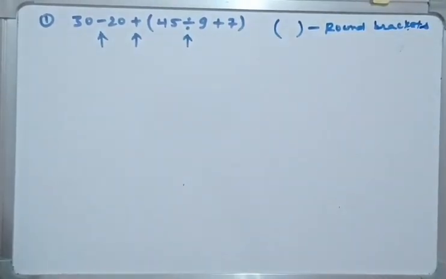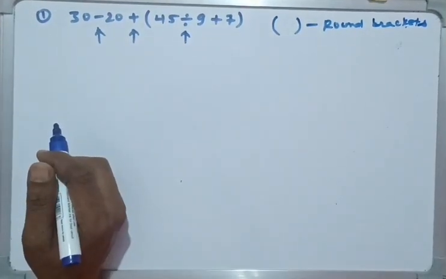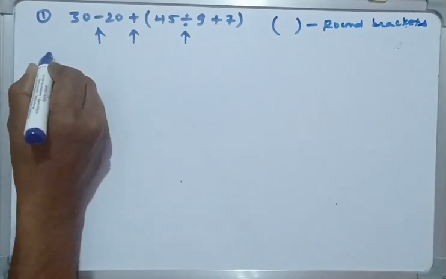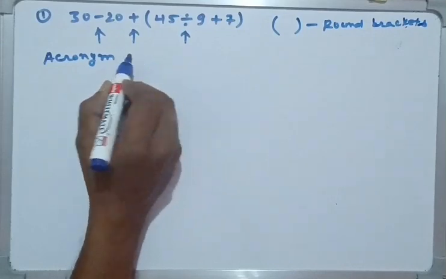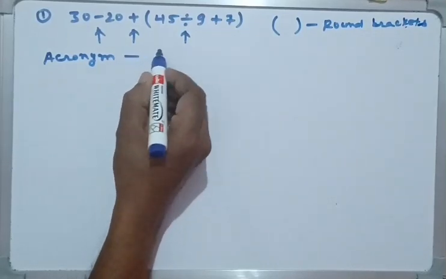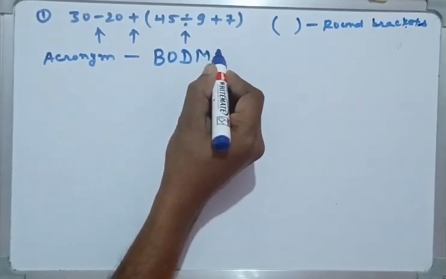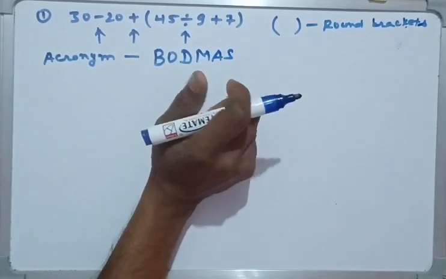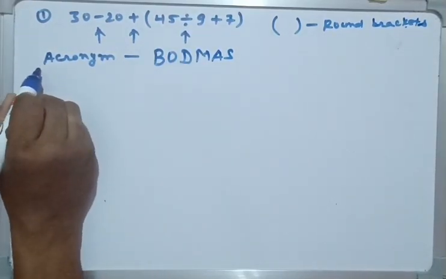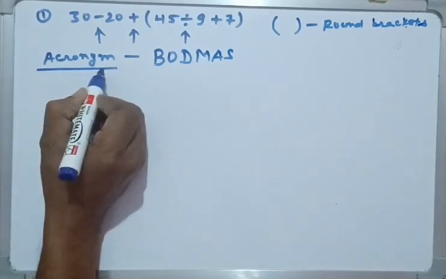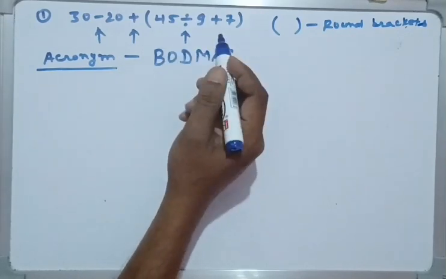Okay guys, now to overcome such a situation, one acronym came into the picture, which is BODMAS. First of all I will explain what an acronym means, then we will solve this problem.